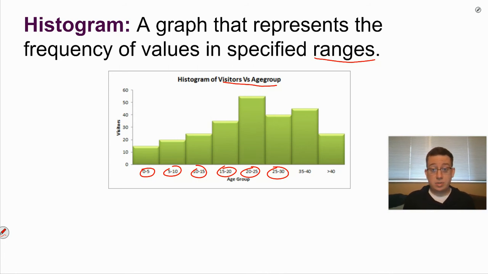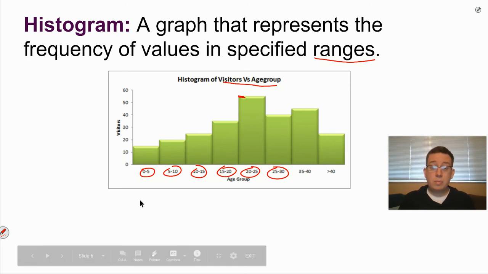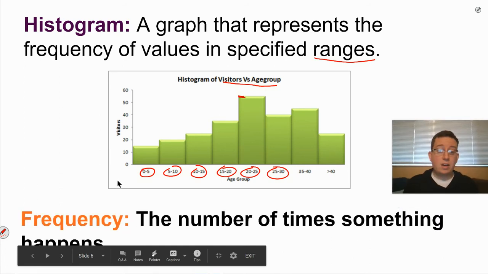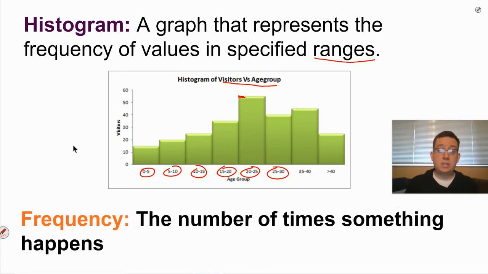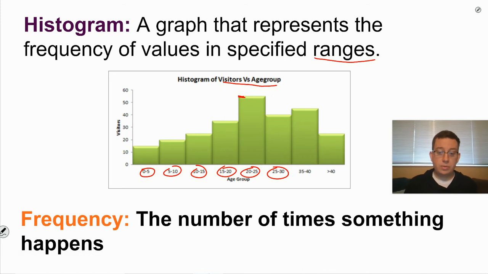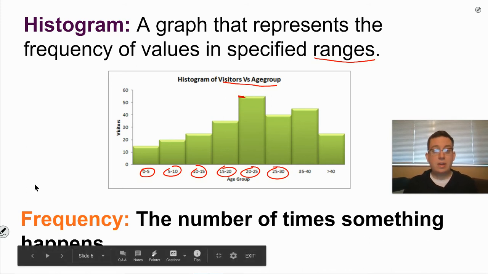So I saw it was 20 to 25 because I had the highest bar. Now, there are a couple more terms associated with that. We have this term called a frequency. Frequency is the number of times something happens, because we're going to make what's called a frequency table. So we'll get to that here in just a second. So frequency is the number of times something happens.